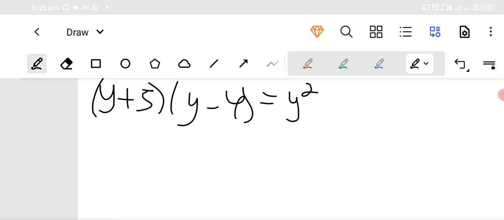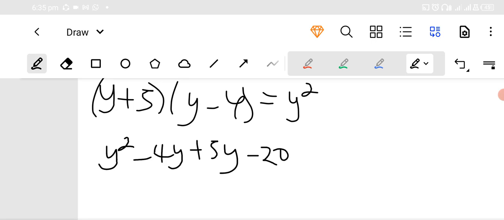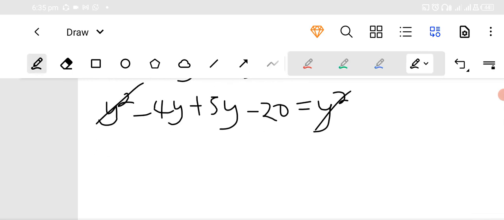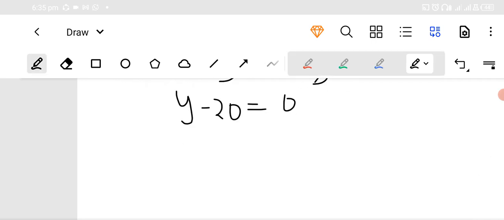Then we expand this bracket: y squared minus 4y plus 5y, and then minus 20 is equal to y squared. Of course, y squared can now cancel out and it's making sense. We'll have y minus 20 is equal to 0. Then we'll have y is equal to 20.